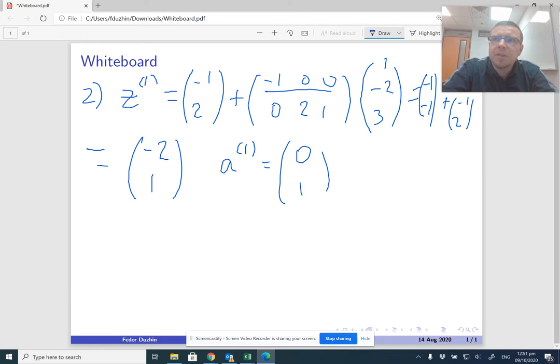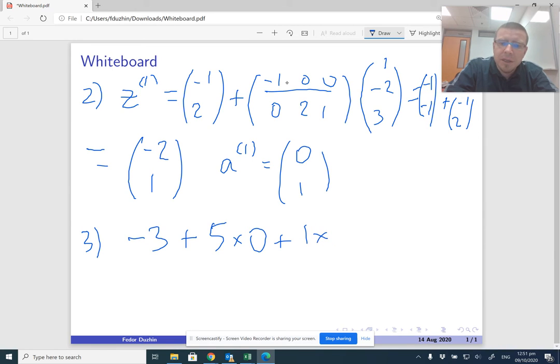Now we've got to pass it to the output layer, which is layer 3. So we take -3 as the bias, plus 5 times 0, plus 1 times 1, which is -2.